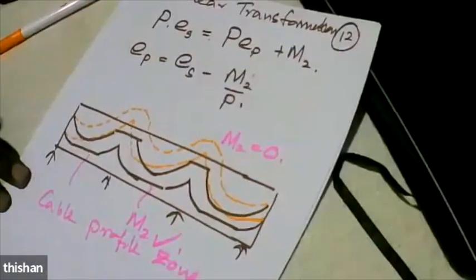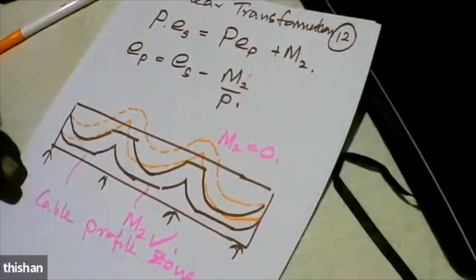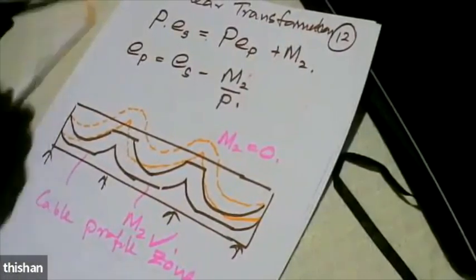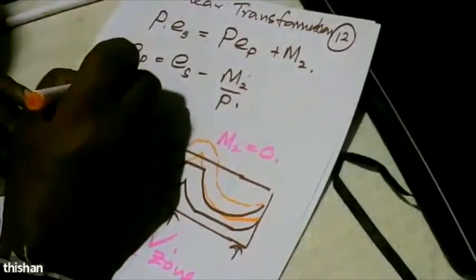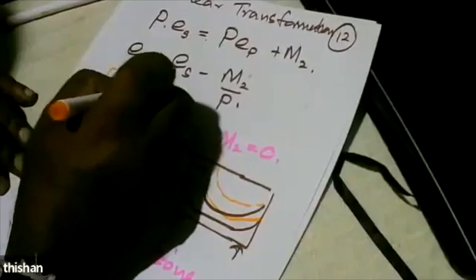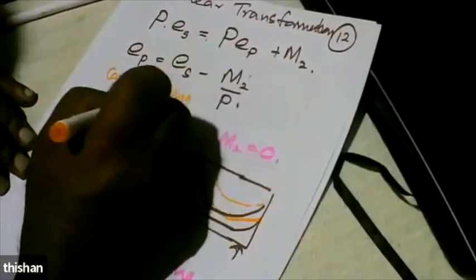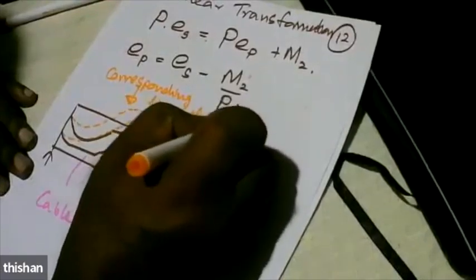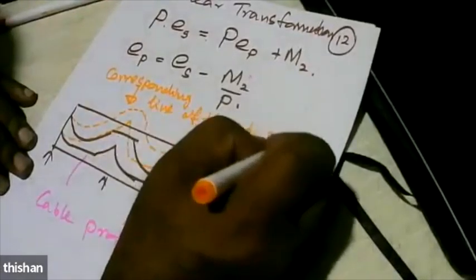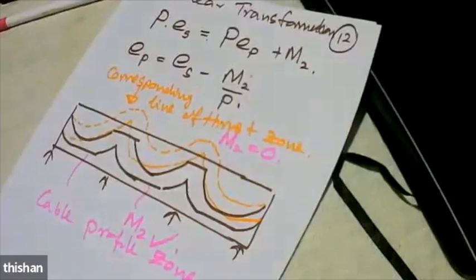That means the cable must come inside that. So what is this one? This is the corresponding line of thrust.